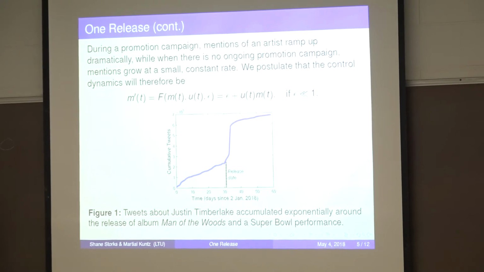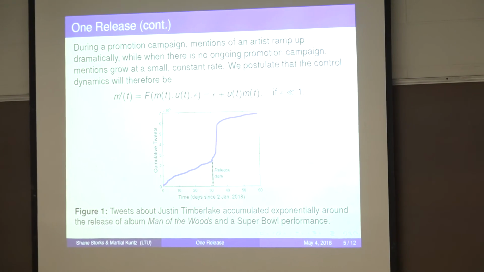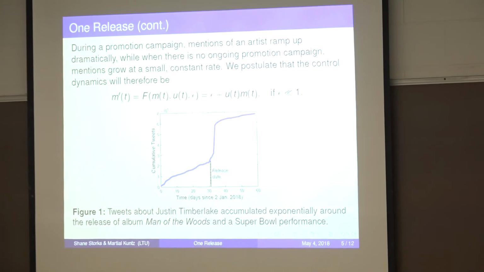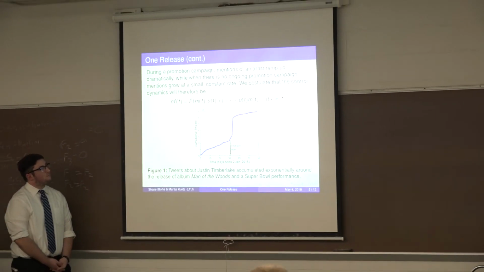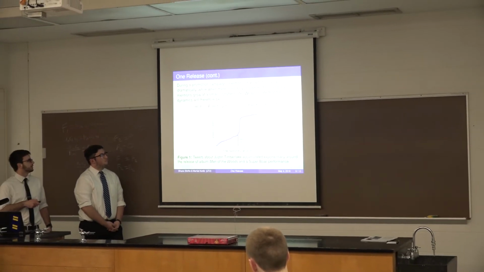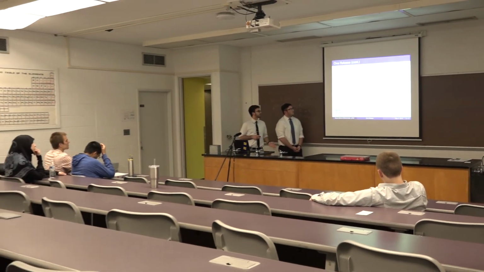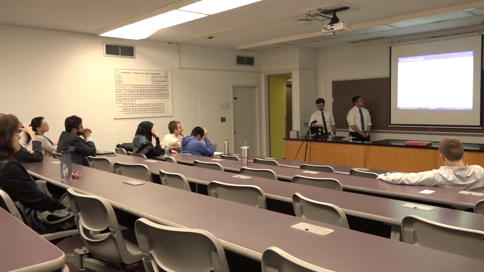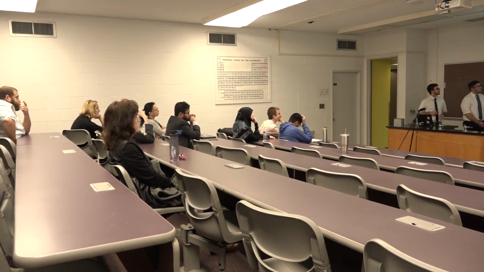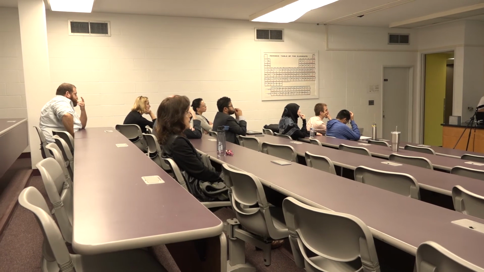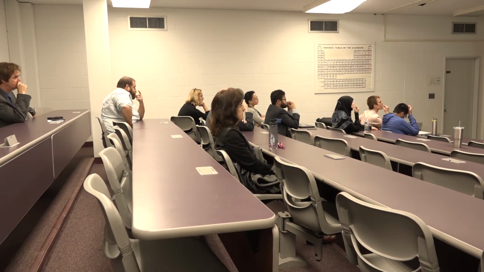This means that no matter what, the artist's Twitter followers will tweet about the artist a little bit at a linear rate at all times. You can see this on the graph. If you look here and up here, there's a linear growth rate before the release date. That comes from epsilon. Then when we turn up our promotion u up to 1, we get this exponential growth, which cancels out the epsilon because it's a lot smaller.